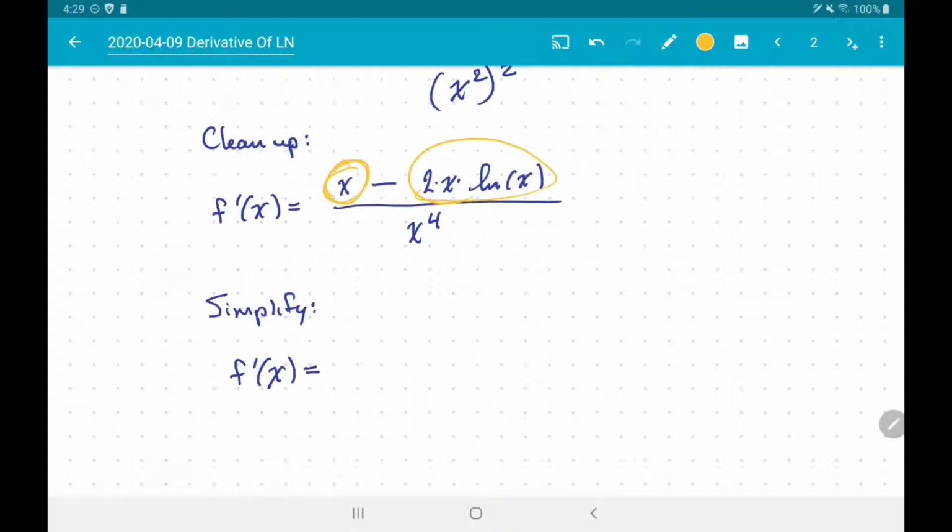And I call this a cluster of factors even though it's just x. It's just one factor, but you get the idea. There's actually an x on the left and an x on the right. That means we can factor out an x. What's left?